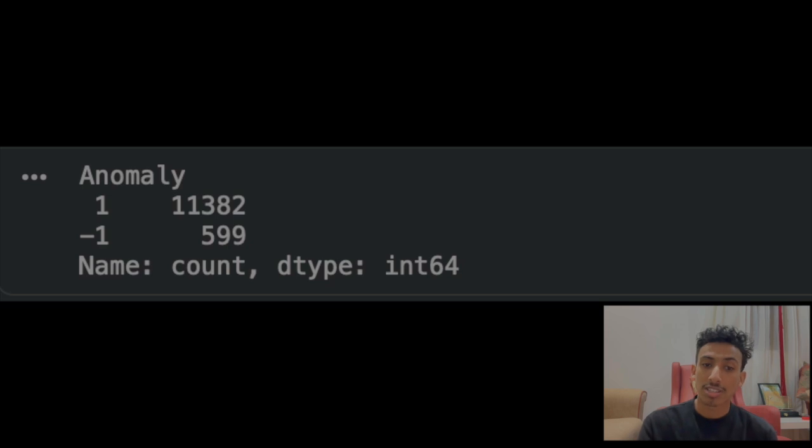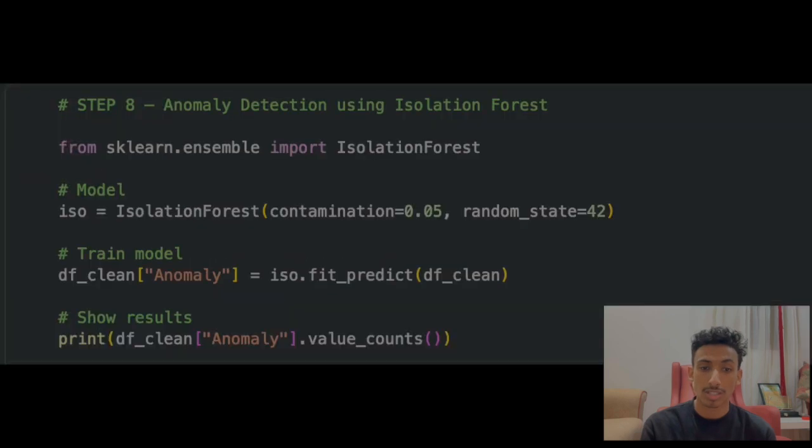If a data point is very different, it will be detected as an anomaly faster. Detecting anomalies is important because these cases might represent high-risk situations or special cases that need more attention. So this step helps us focus on the most unusual and important data points.